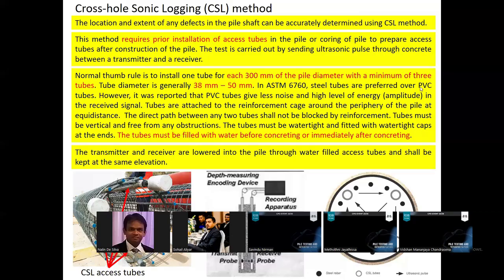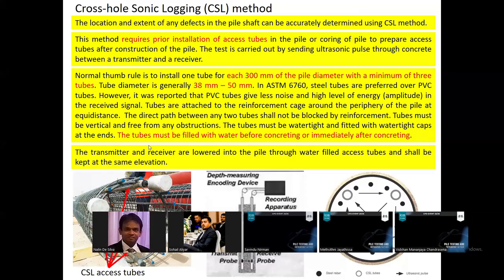PVC tubes are very popular in Sri Lanka. Sometimes steel tubes are also used. In the ASTM guidelines, steel tubes are preferred over PVC, but according to local experience, PVC tubes give less noise and a high level of energy.